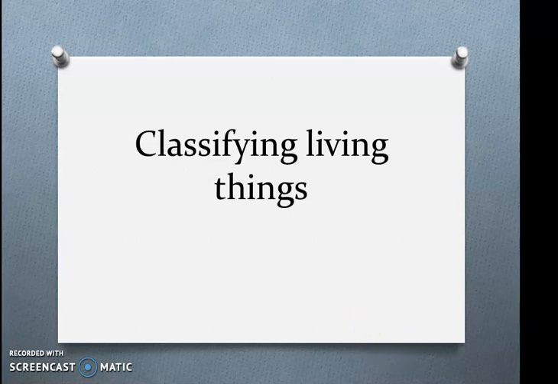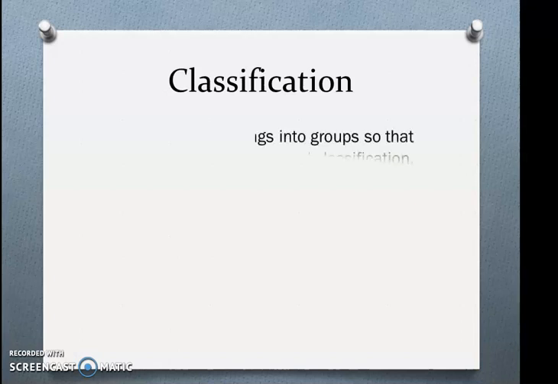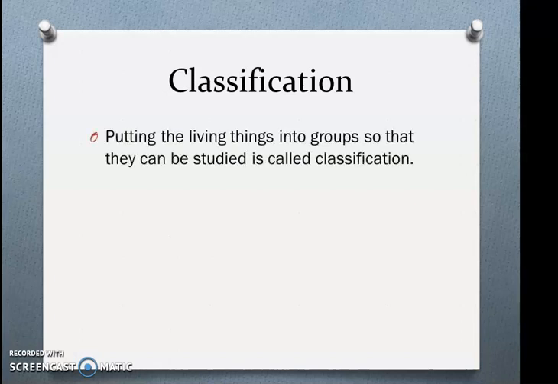Let's begin. First thing is to know what classification is. Putting the living things into groups so that they can be studied is called classification. If we do not put the living things in a particular group, then it will become very hard to study them individually. Like in one school, we have different classes, and in each class, we make different sections.